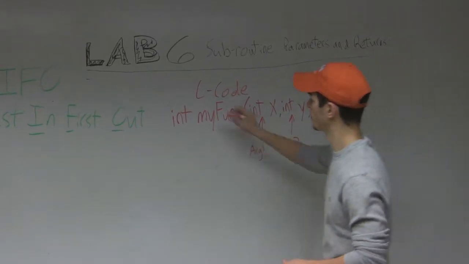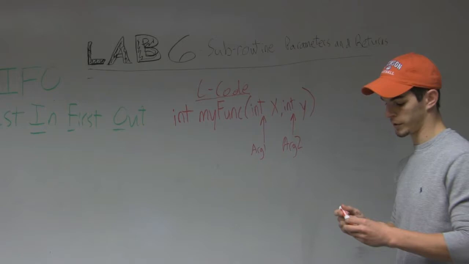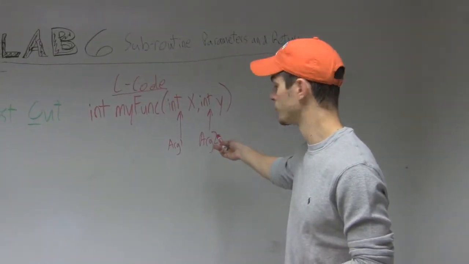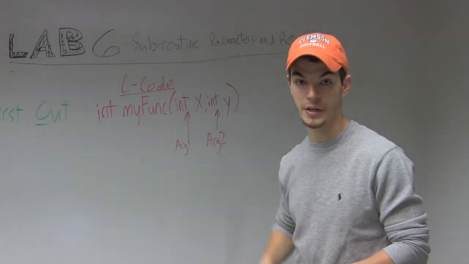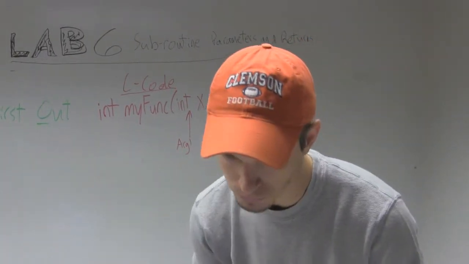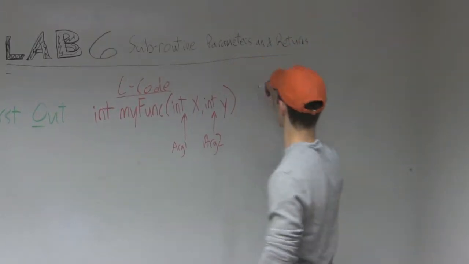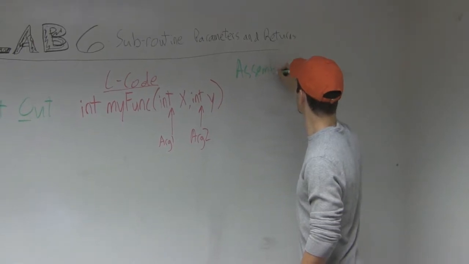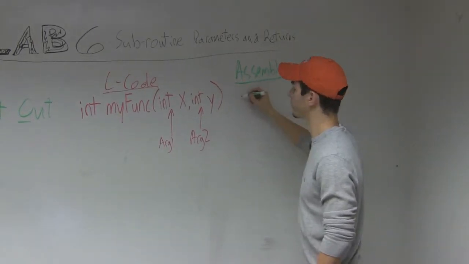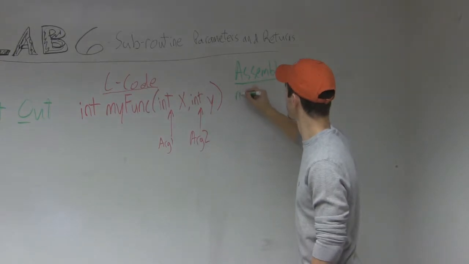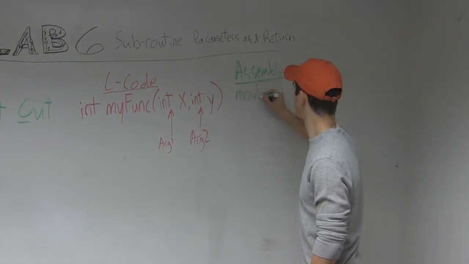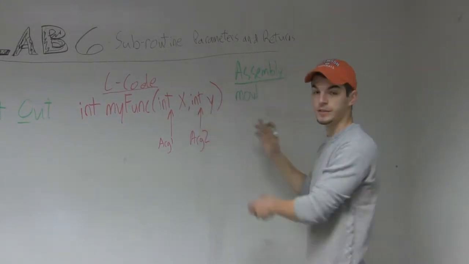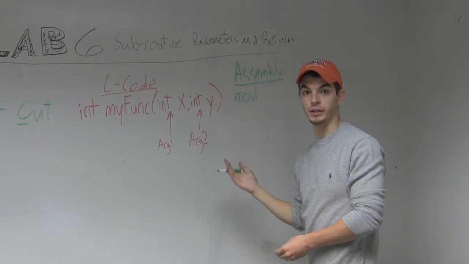Now, if we wanted to put this into assembly, we would have to remember that R2 is what we want to be pushing on the stack first. So, in order to pass them in reverse order, we might say something like this. We want to move whatever argument it is, whatever it may be, and this isn't necessarily the exact code that you would use.